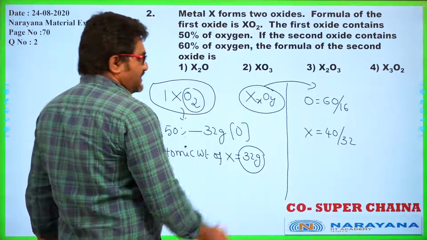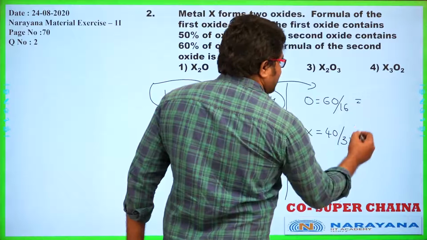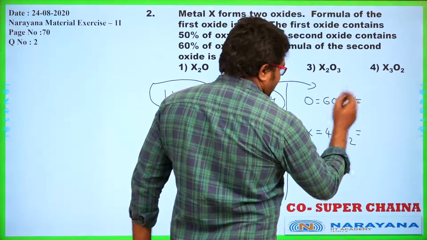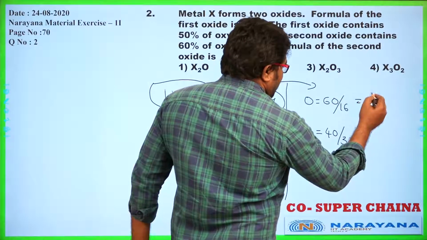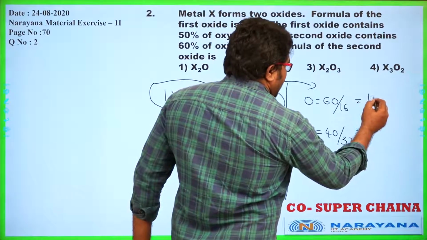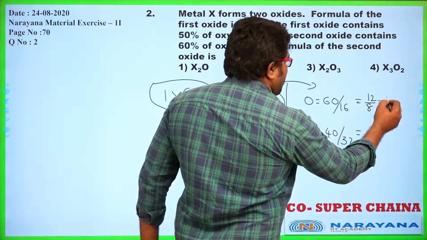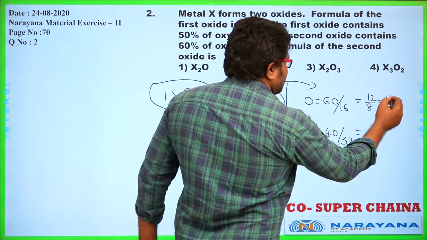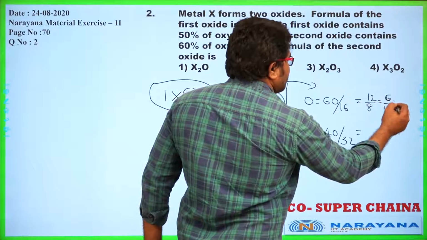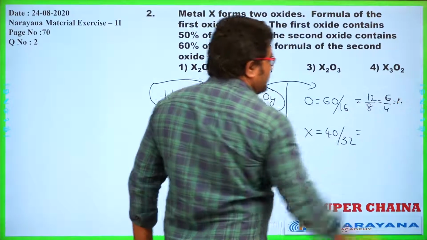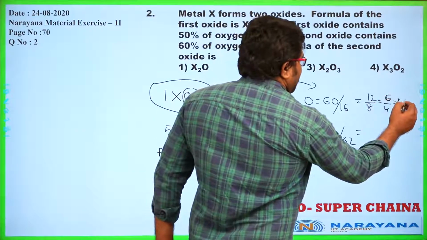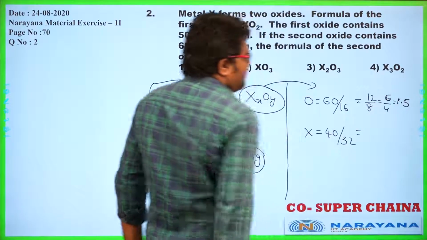Now, by following the simplest ratio, 12 by 8 and 6 by 4. So 1 point, how much is that? 1.5.